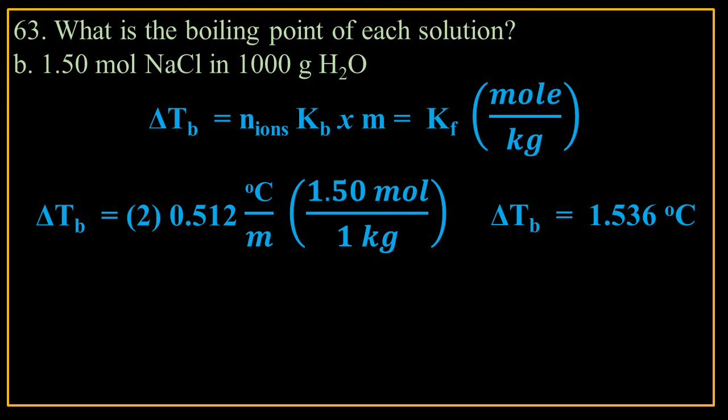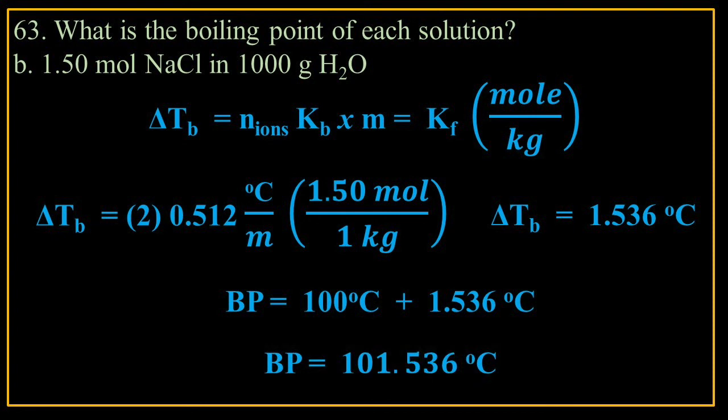So the new boiling point for the solution of 1.5 moles of sodium chloride in 1 kilogram of solvent is 100 plus 1.536, and it's going to be 101.536 degrees Celsius.